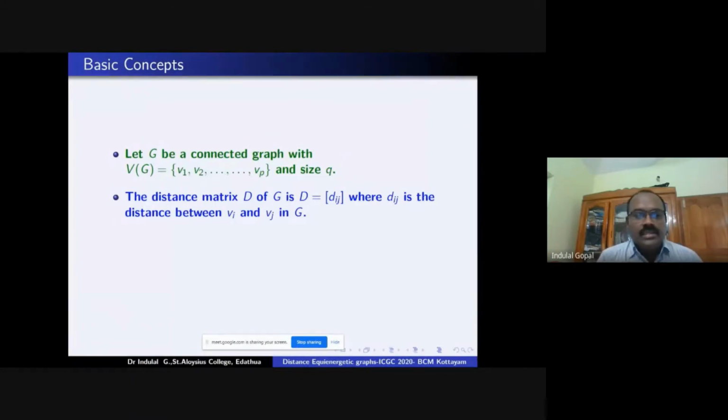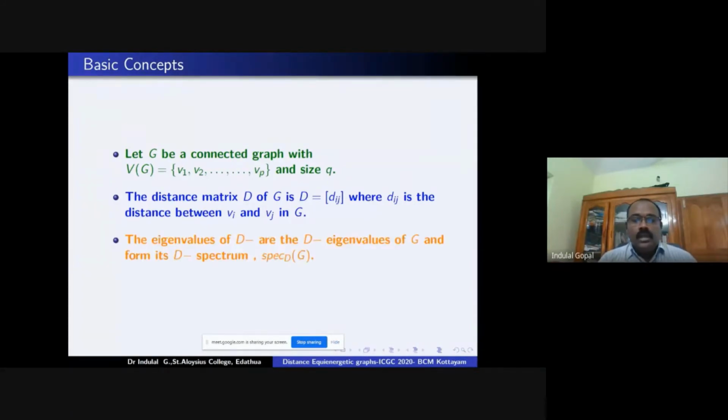Let G always be a connected graph, and the distance matrix of G is a p by p matrix, where p is the order of G and d_ij is the distance between v_i and v_j. The eigenvalues of the distance matrix of G are called the distance eigenvalues, or D-eigenvalues, of G, and they constitute the distance spectrum.